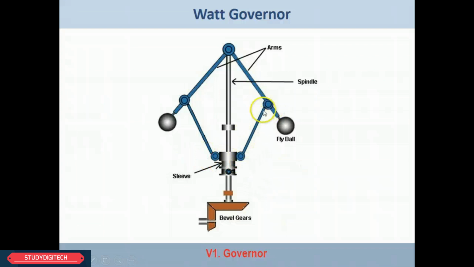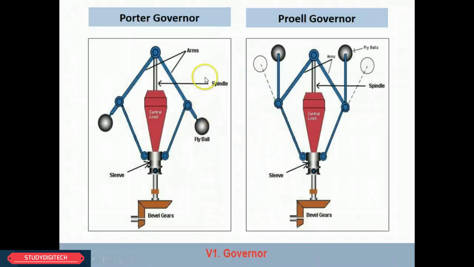So this is the Watt type of governor. Next, the second type of governor, that is the loaded governor. In the dead weight loaded governor, first is the Porter governor and second is the Proell governor.